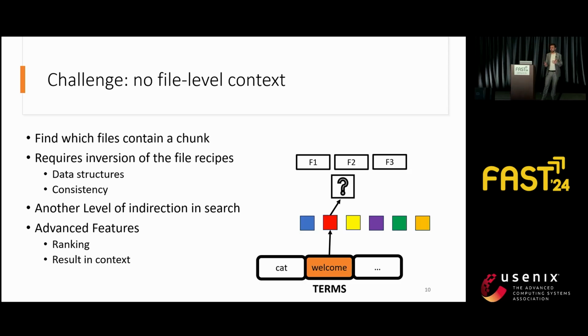We want to be able to give relevance scores to the results, which is now much harder because we don't have the original context of the data. And of course, showing the context in which the word appears is also important. For example, when you search something on Google, you see the context in which the result appeared, and we want to be able to supply that in our system. So it's going to be much harder with another level of indirection.